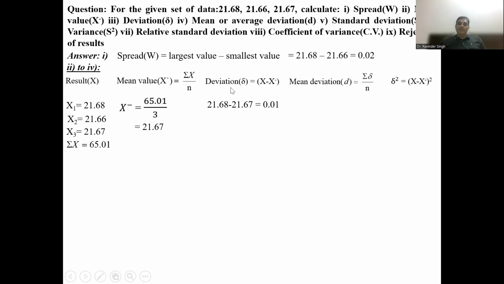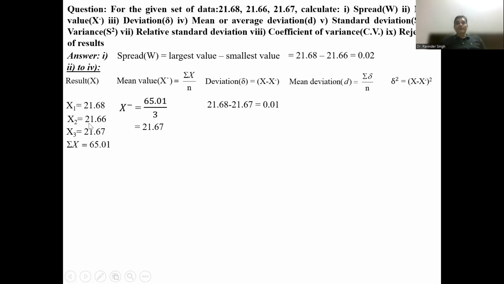Next one is the deviation. First value deviation. देखो first value here is x1 is the 21.68, and the deviation of that value from that mean value, that is the 21.67 here. So what's the difference between these two? 21.68 minus 21.67, 0.01. Now take the difference for the second value.